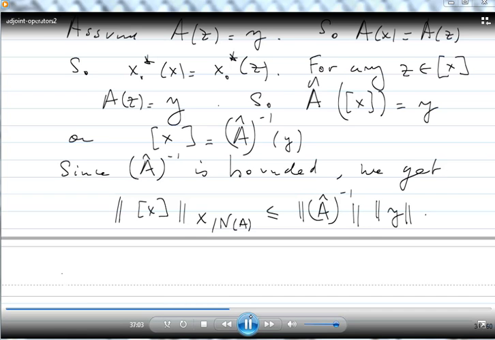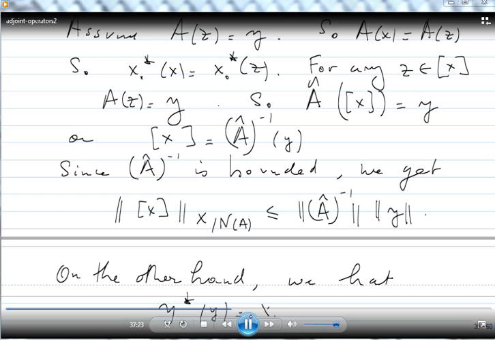On the other hand, y0 star of y by definition equals x0 star of z for any z in the class of x.